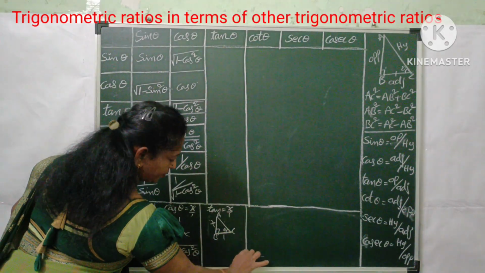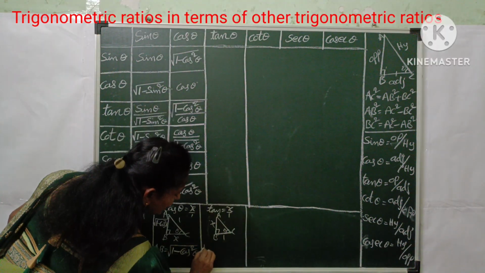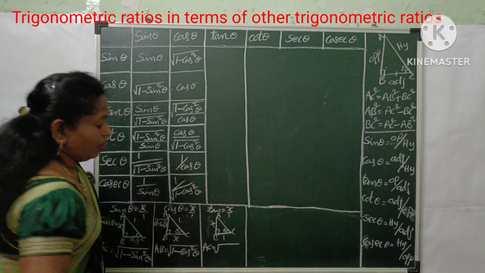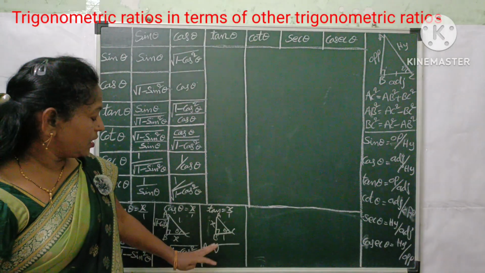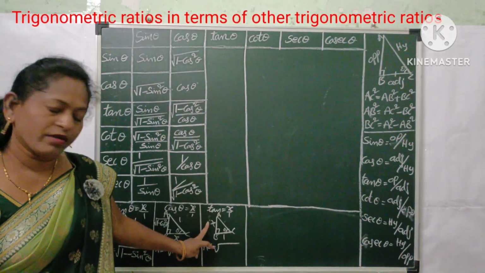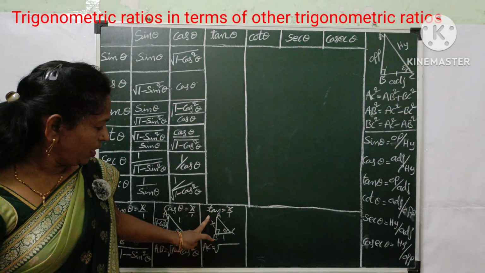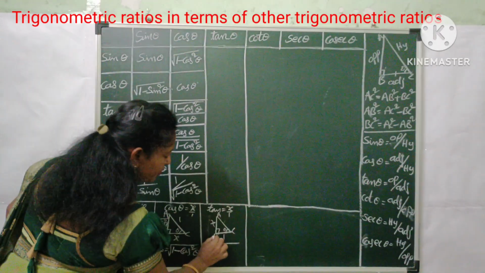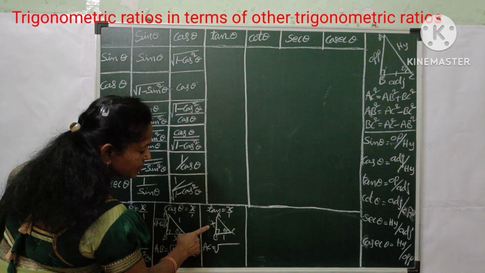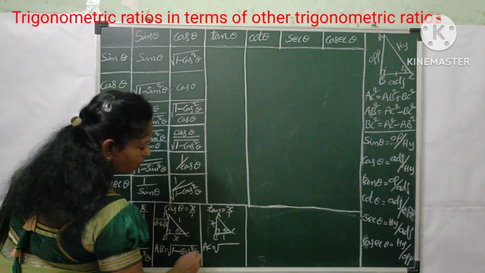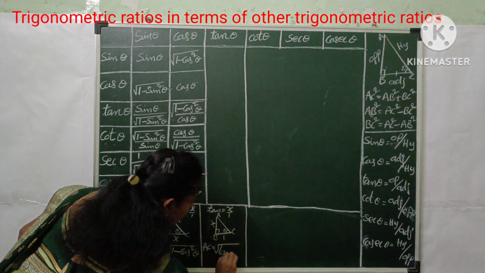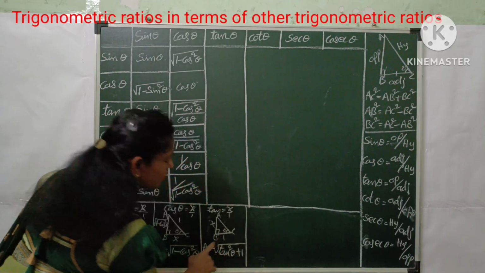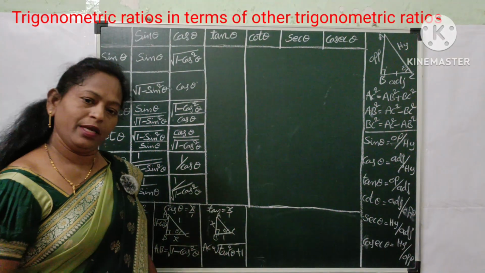So AC equal to square root of, hypotenuse is equal to sum of the squares of remaining 2 sides. So AB square plus BC square. Here AB square means x square, x as a tan theta. So tan square theta plus 1 square. 1 square means 1 only.